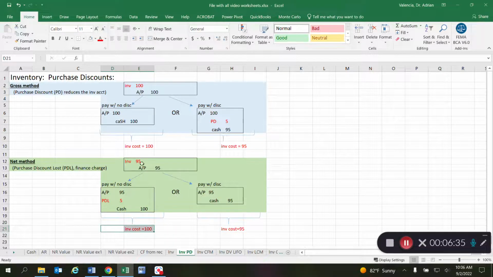And then the additional $5 will be considered a finance charge for that inventory, which is an expense. So you have cost of goods sold being an expense of 95, and then the finance charge being $5, so that's a total of 100. So it's as if our inventory cost us $100. You're expensing 100 for that inventory related transaction.